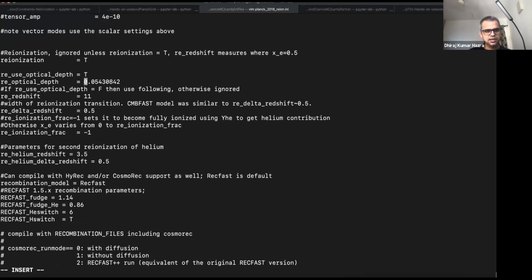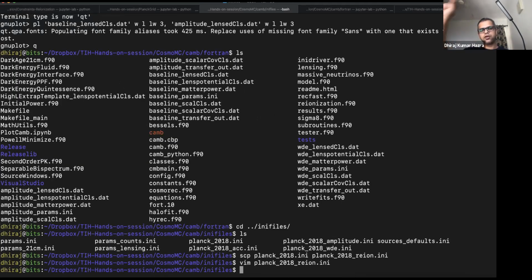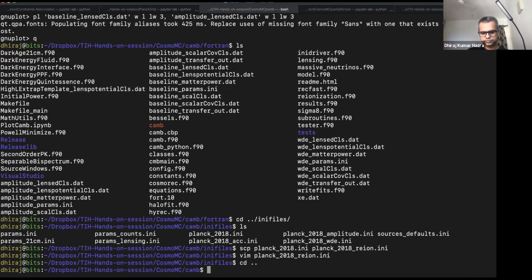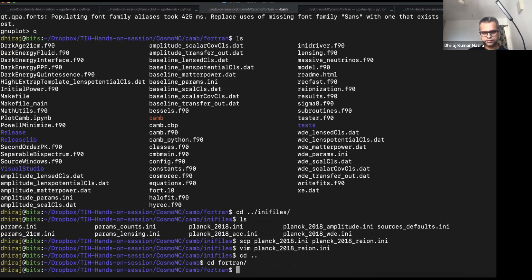So here, optical depth is here. What I'm doing is changing the delta redshift from 0.5 to 2. Delta redshift means that I am changing the redshift width of the transition; earlier it was 0.5, I made it 2. Okay, let me check.